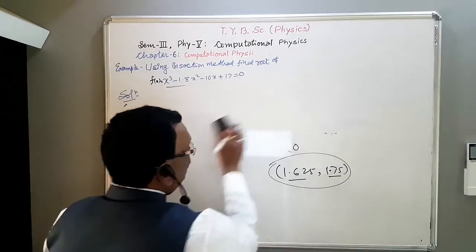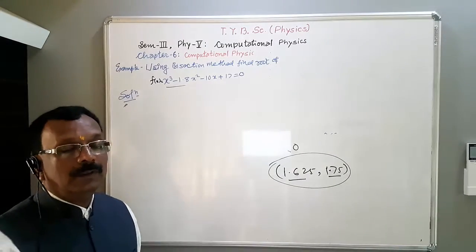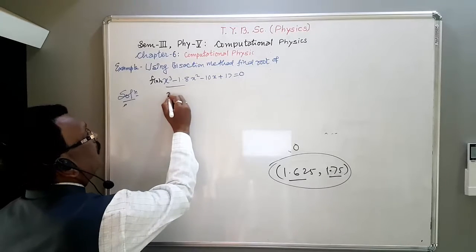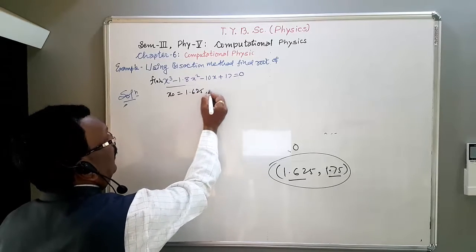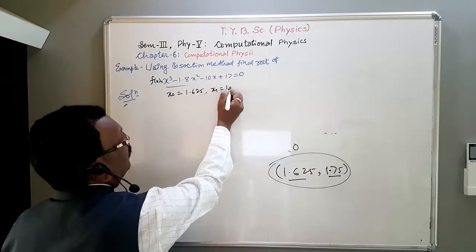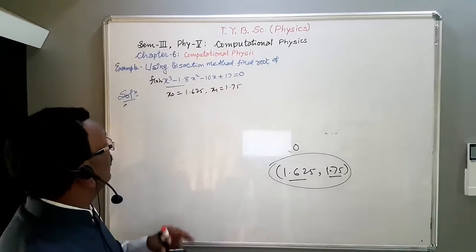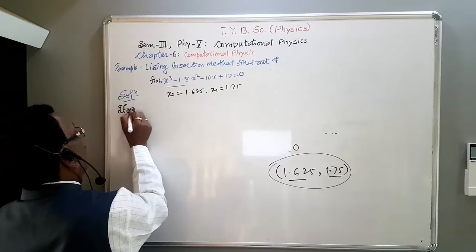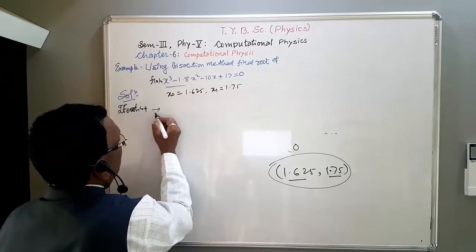Remember that these are the interval for the next iteration, that is iteration number 4. For iteration number 4, x0 is equal to 1.625 and x1 is equal to 1.75.